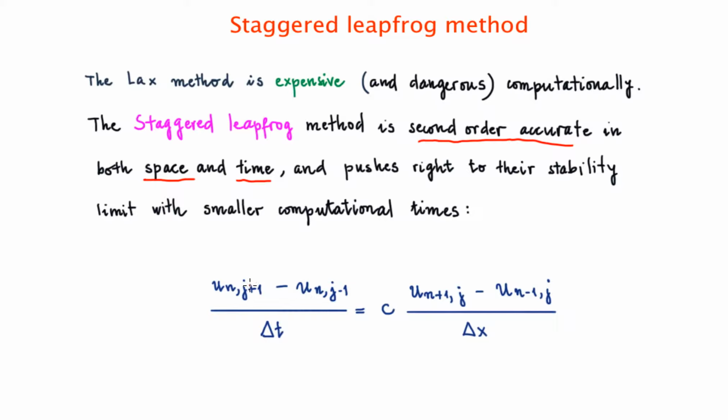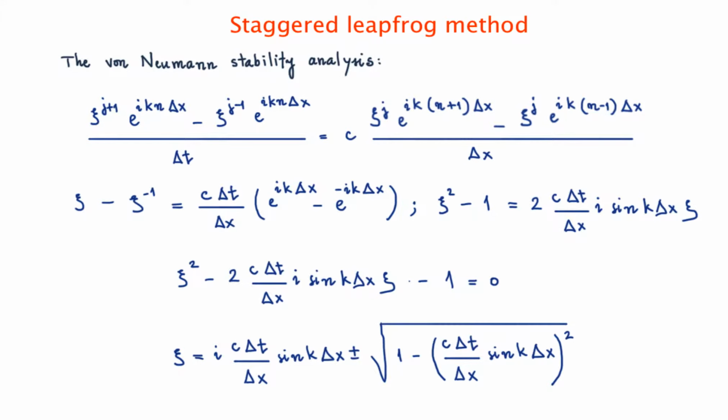Next, as we do with the different methods, we are going to analyze the stability of this method. So again, we are going to apply the Fourier or von Neumann stability analysis. As you know, it's very straightforward. So when we are substituting the value of u_j by this eta to the j times e to the i k delta x, this is the expression that we have.